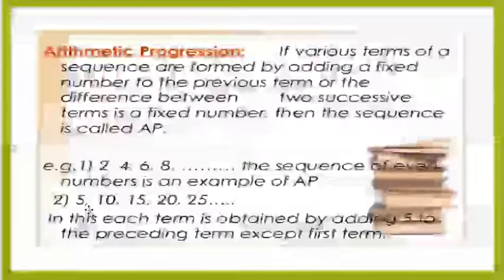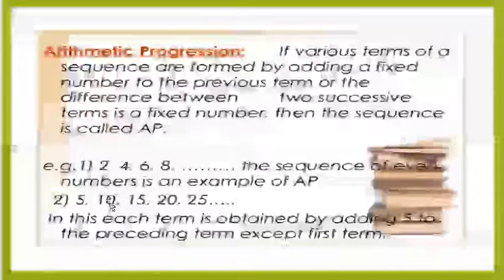In this example, 5, 10, 15, 20, 25, these numbers are given, and next there is a dot. That means there are many more numbers after 25, and we can find out which number will be next after 25. That will be 30, because we can find out the difference between two consecutive numbers. 5 plus 5 is equal to 10.